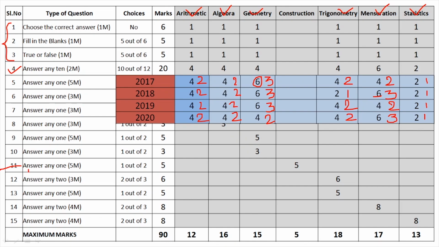So from arithmetic, algebra, and statistics the questions are fixed: 2 questions from arithmetic, 2 from algebra, and 1 from statistics. The number of questions from geometry, trigonometry, and mensuration might vary, but there will be at least 2 questions from geometry, 2 from mensuration, and 1 from trigonometry. The remaining extra question may be from geometry or mensuration.